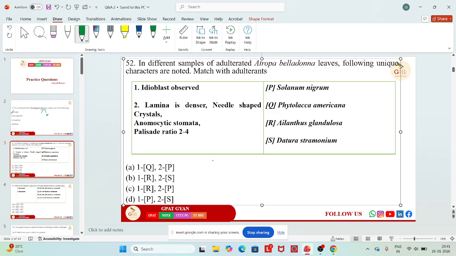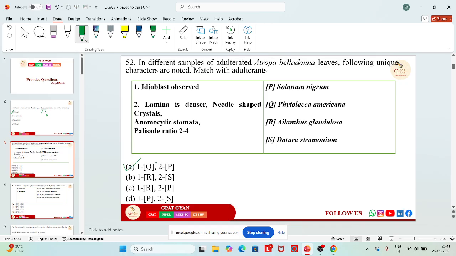Ma'am, Phytolacca americana. Very good. So we can see clearly the answer because Q is only present in option A. For the rest of the things, I am clarifying that anomocytic stomata is present in the Solanum nigrum, whereas belladonna normally contains which kind of stomata?